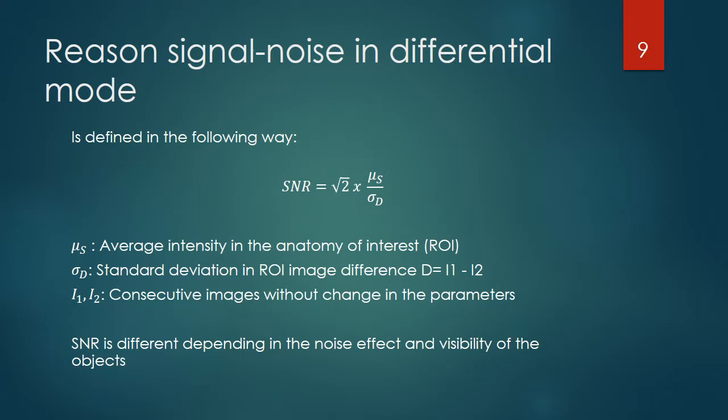Now, the signal to noise ratio in differential mode is defined in the following way, where mu s is the average intensity in the anatomy of interest, or ROI, and sigma d is the standard deviation of the average intensity in the anatomy of interest of the image difference.